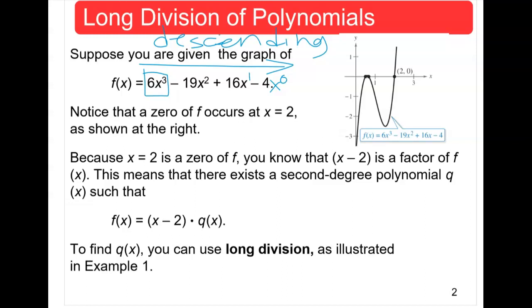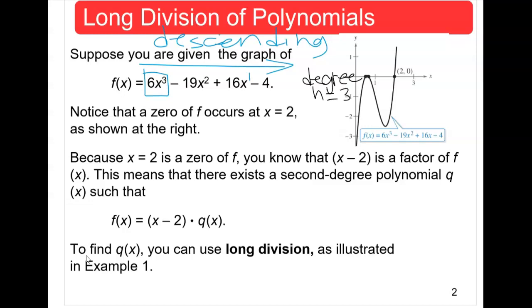Okay, so we have the polynomial. You could see the graph on the right side, and for this polynomial we say that it is of degree 3 because that is the highest exponent.